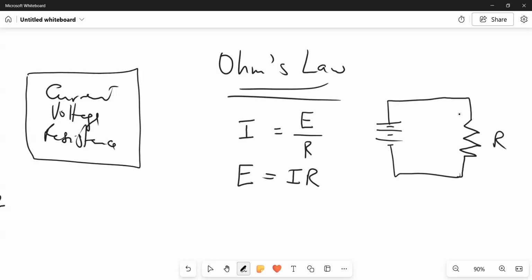So let's say this is some resistor, and the resistor has a voltmeter connected across it, to measure how many volts are across this resistor. And let's say the current flowing here is I, capital I. Well, instead of writing it with E, if you're dealing with just this resistor, you say V equals IR, right?